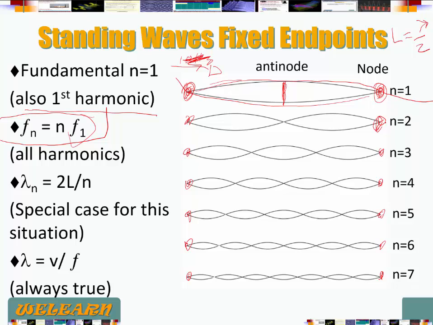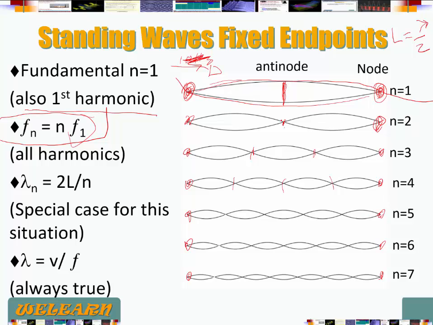That's because the string here is tied at both ends. Now, the second harmonic is going to happen when we can fit another node within the string, which is going to be in the middle. The third harmonic when we fit 2 additional nodes. Fourth, 3 additional nodes, etc.